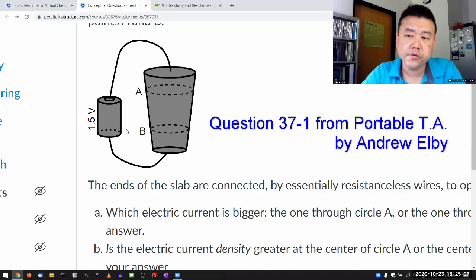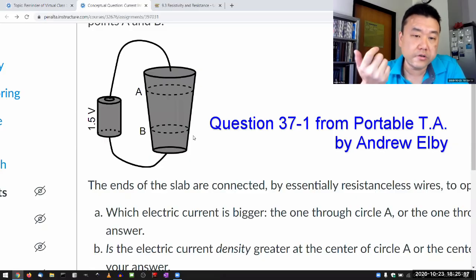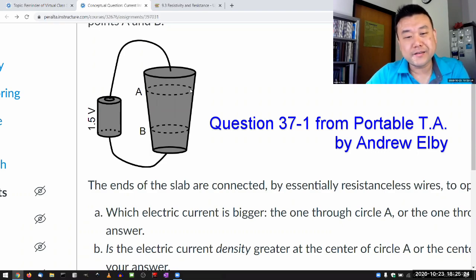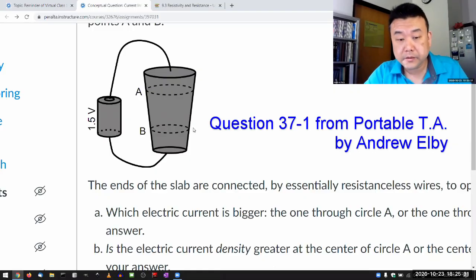And if you've gone the route of thinking of charges moving like cars moving on a road, then using that wrong analogy to ground your intuition, you would wrongly think that in this wider part, current flows more easily, so more current flows. And in this narrower part, current flows less easily, so current is less there. That's an easy, intuitive, conceptual mistake to make.